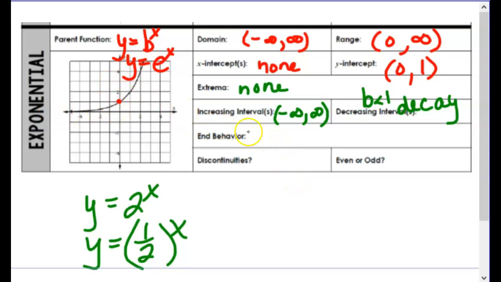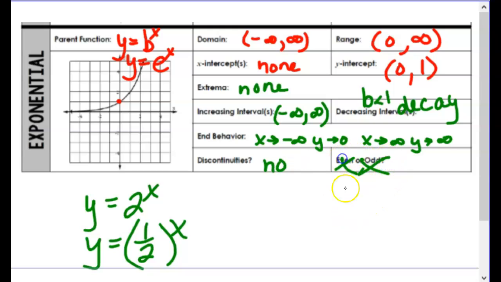The one that we have sketched here on the far left is approaching 0, and on the far right is approaching infinity. That would change if it was exponential decay. Left to right, it has no x discontinuities, and it is not even or odd.